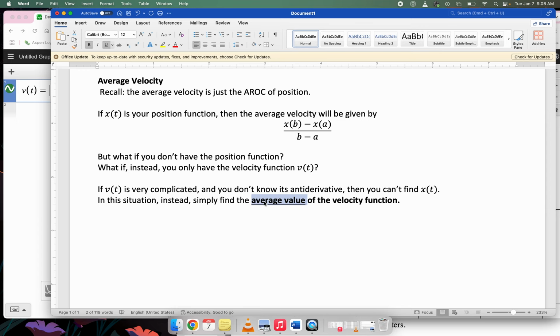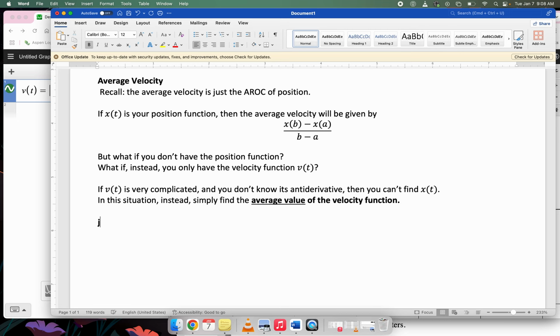There's a formula, right? 1 over b minus a, integral from a to b, and so on. There were some exercises on yesterday's homework which tried to get you to see this idea, that if you compute the average value of the velocity function, that gives you the average velocity, which of course it should. If you apply the average value formula to the velocity function, you would certainly hope that produces the average velocity. And it does.